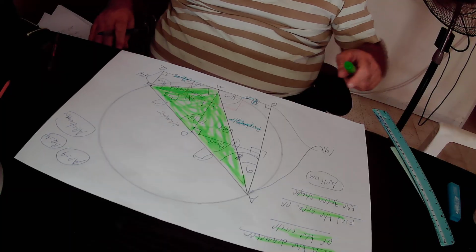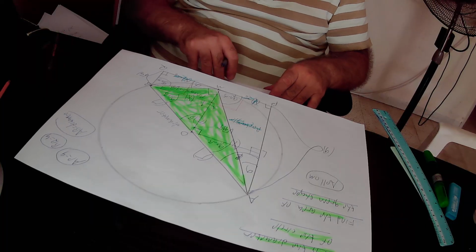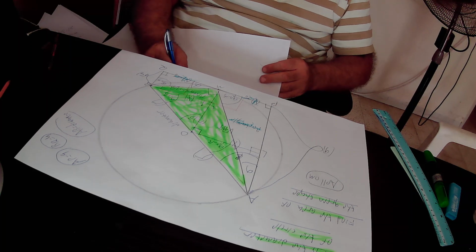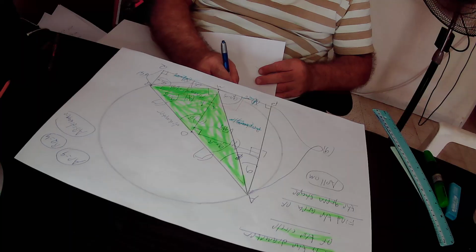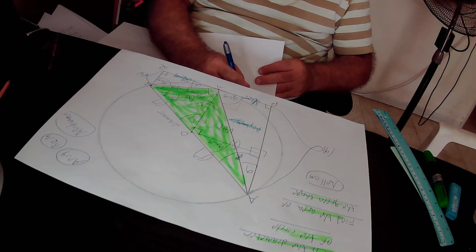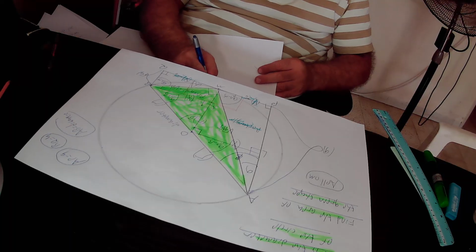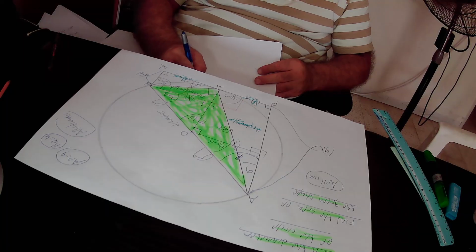So the area of the green shape, that is the area of triangle AMB, will be equal to the base of the triangle, that is MB, times the height AM over 2.